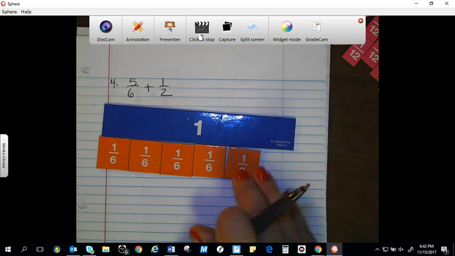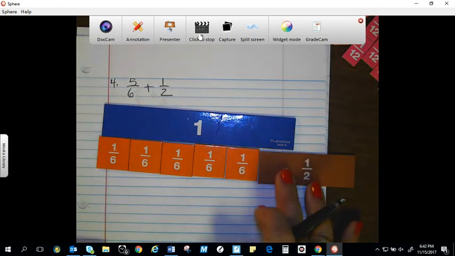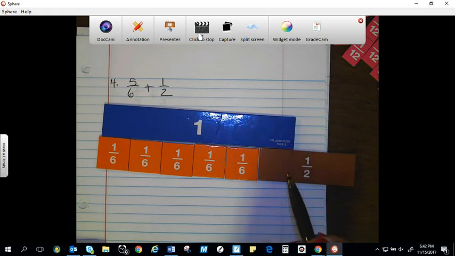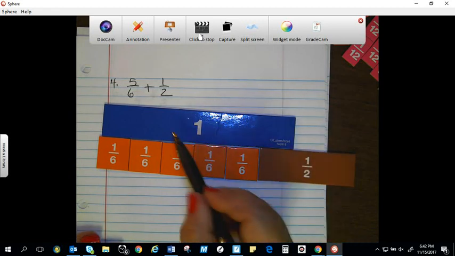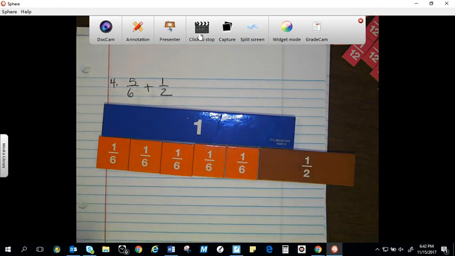Again, what do you notice about this? If I added my 1/2 to it, it's going to go beyond my 1 whole. So now I know that it's going to be a mixed number. Again, it's going to be a whole number plus a fraction. Now, they're even numbers, right? So we can have those cut in half.